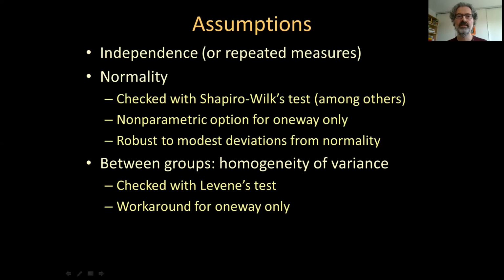If the homogeneity of variance assumption is violated and you're only interested in one-way analysis, then you can work around that because there is an alternative to the analysis that you can use that takes into account differences in variances. If homogeneity of variance is violated and you have more than one independent variable, then you need to consider different approaches because ANOVA is invalidated by the lack of homogeneity of variance.